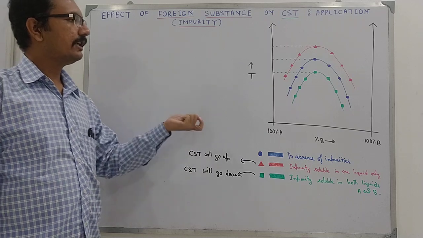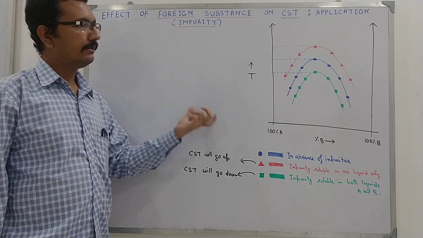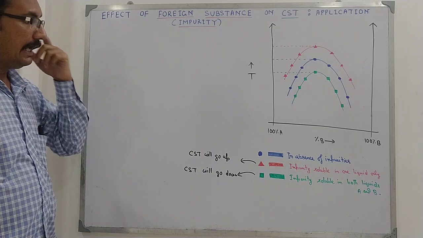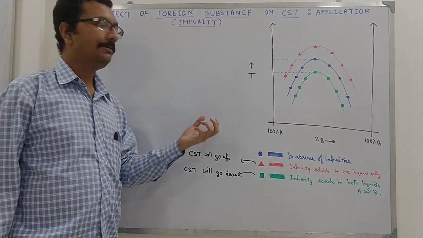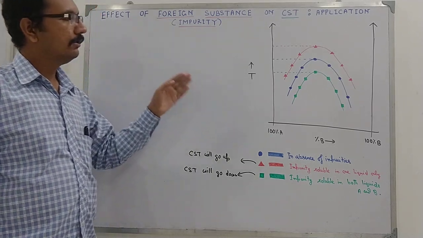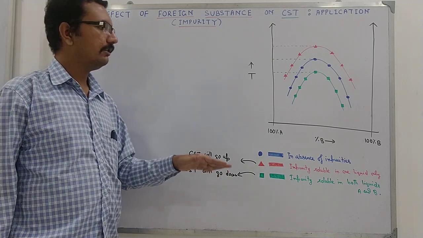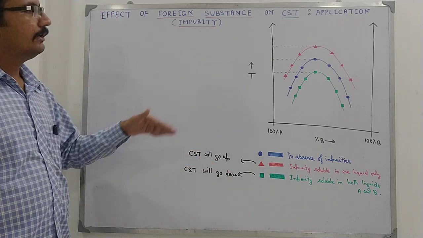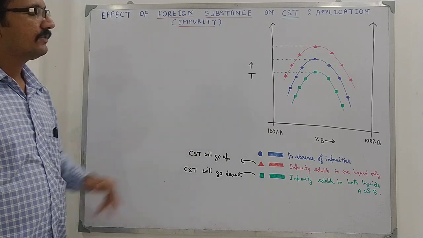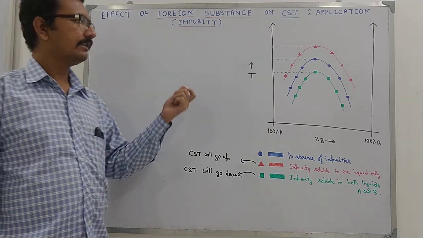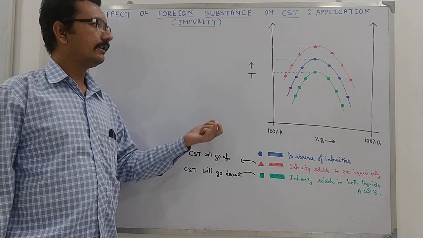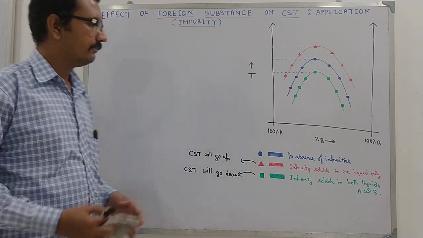So dishonest merchants used to add many types of aromatic compounds in petrol which are cheaper than the petrol, to make illegal profit. Now how to check whether the sample contains adulteration, that is impurity, or not?